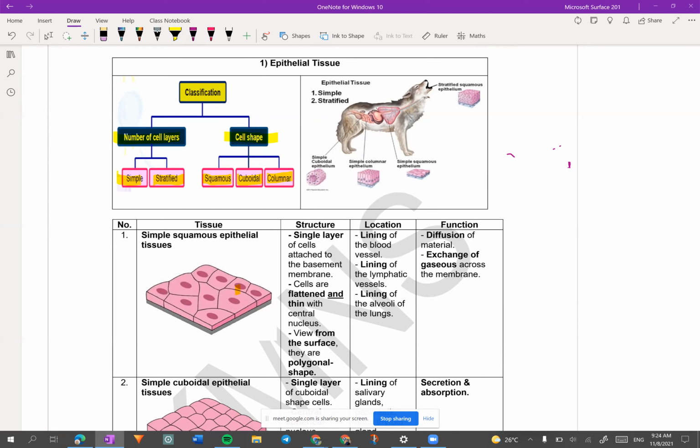And then columnar pula dia panjang sikit. So again, what you're trying to learn sekarang adalah about the cell structure and function. Setakat ni dia minta structure, function dan juga location.